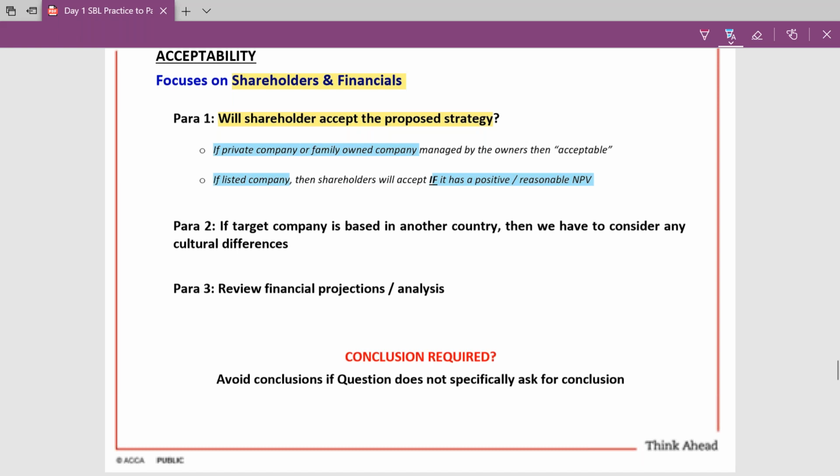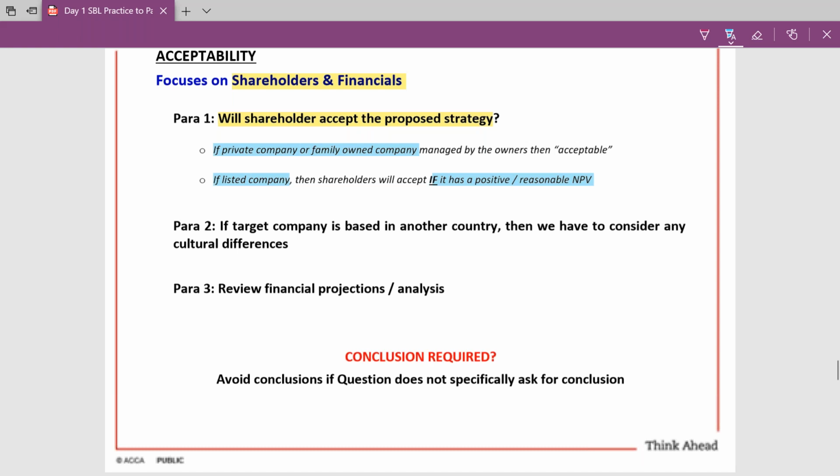Ideally, yes, I would love to give conclusions and recommendations, but under exam conditions, I strictly suggest you don't give conclusions unless specifically asked by the examiner. The reason is you are not very experienced in drafting conclusions.